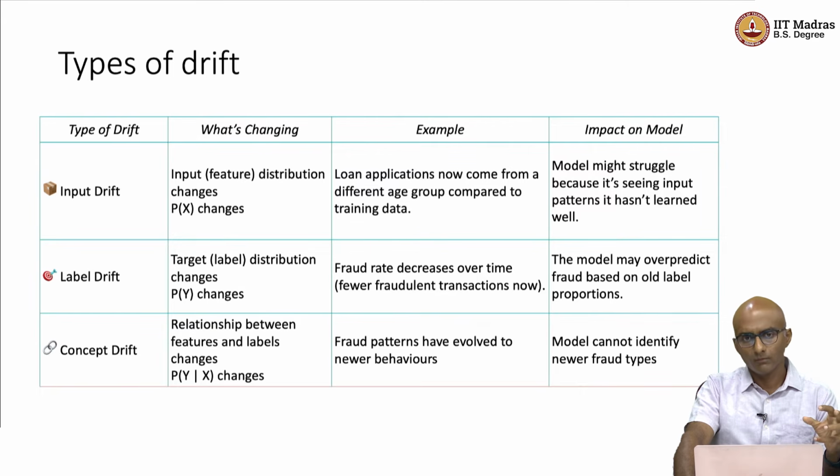Now maybe the site has come up with a new product which appeals to housewives or house husbands, people staying at home, senior citizens, retired individuals, and suddenly the shopping behavior has shifted towards the middle of the day.